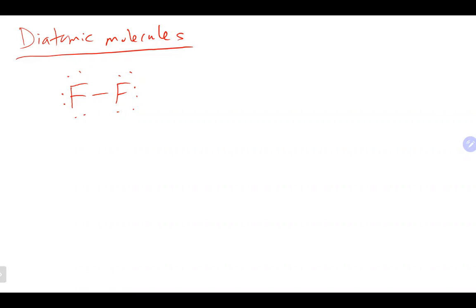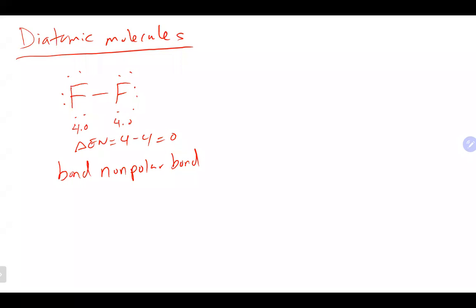Based on electronegativity values, this one's 4, this one's 4, which means the change in electronegativity gives us 0, so we know this bond is a non-polar bond, which ultimately means it's sharing electrons equally between both sides.